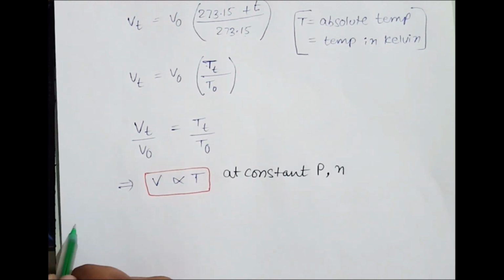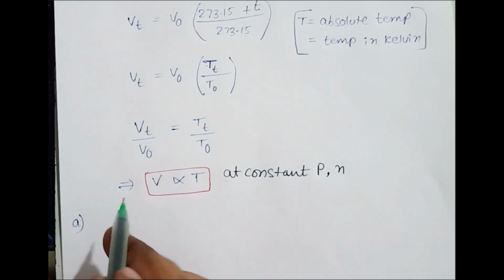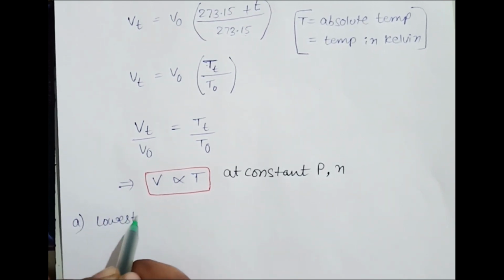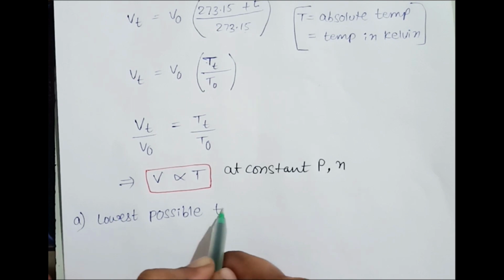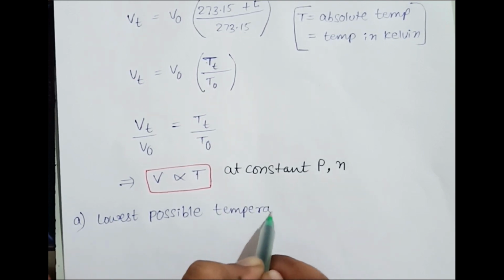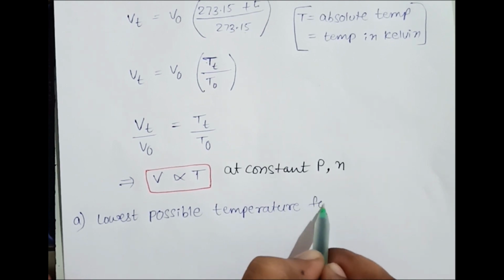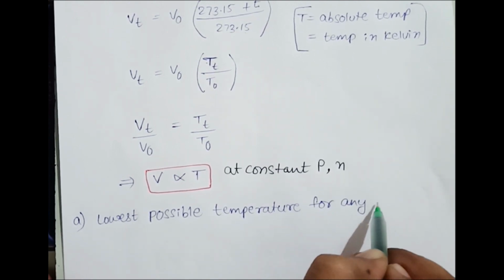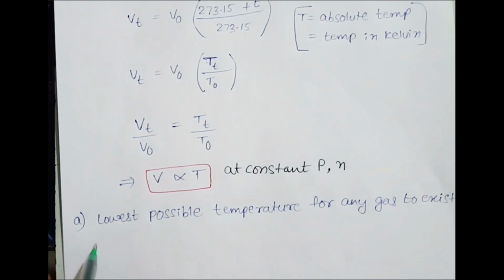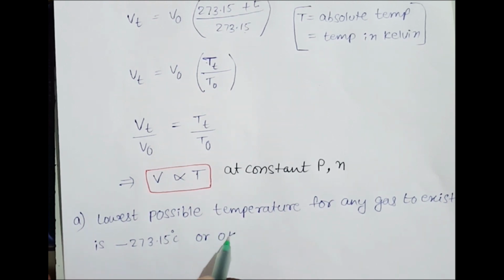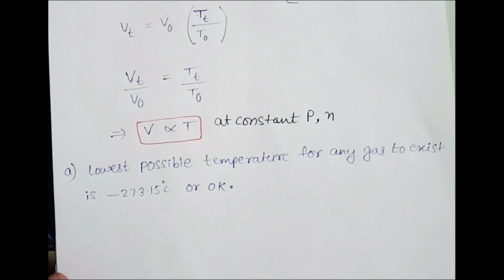So point number A: the lowest possible temperature for any gas to exist is either minus 273.15 degrees Celsius or 0 Kelvin. Below this temperature gas will not exist. The question is why? Sir, why is it so?